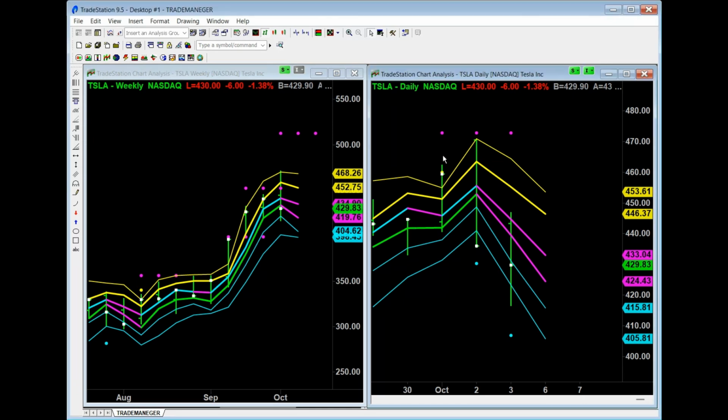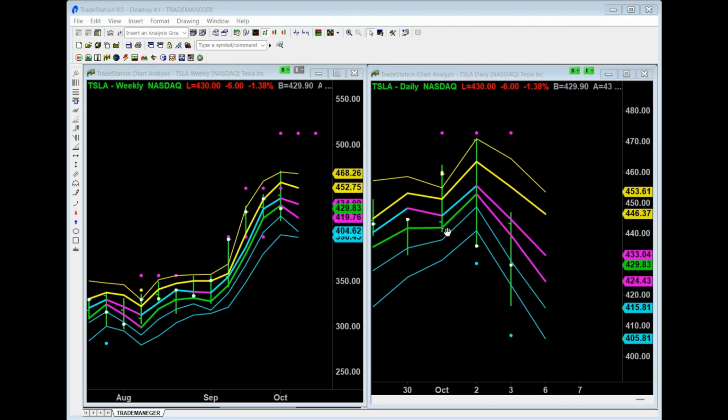This is the Wednesday and the Thursday, and that's the Friday of October. When it opened here on the first day of October, it opened a little bit above this green support trend line, so I already knew it was a good support for that day.